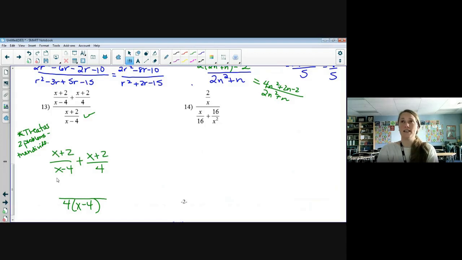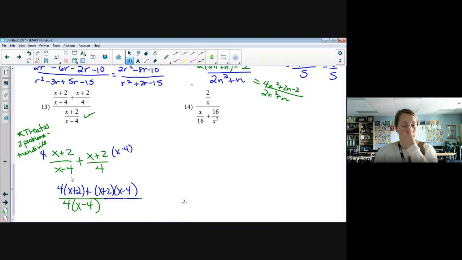What is the left-hand side missing from this to make the denominators match? What do I need? I need the 4, okay. So it'll be 4 times x plus 2. What is the right-hand side missing to make the denominators match? The x minus 4. So I've got x plus 2 times x minus 4 here.